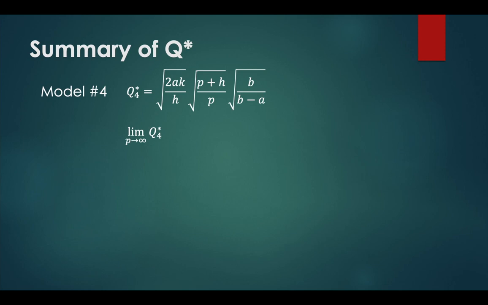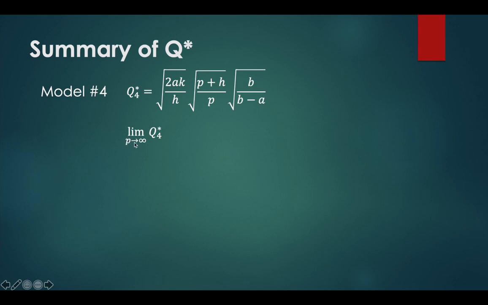Now, what I'd like you to do is to look at the limit of this Q4 star as P approaches infinity. And when we are getting the limit as P approaches infinity, try to understand what we are actually doing. In the first place, what is P?